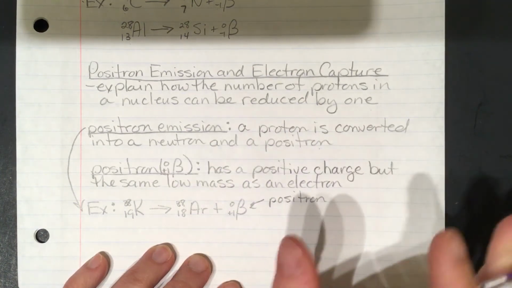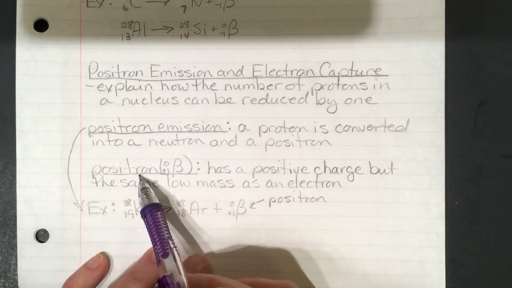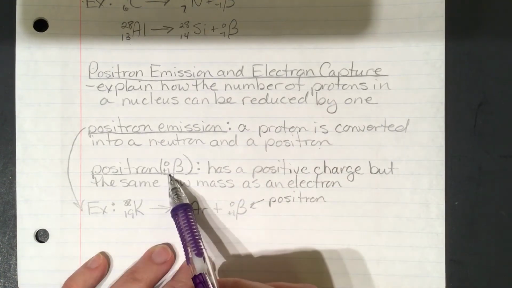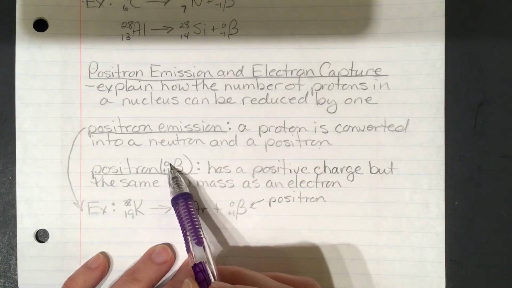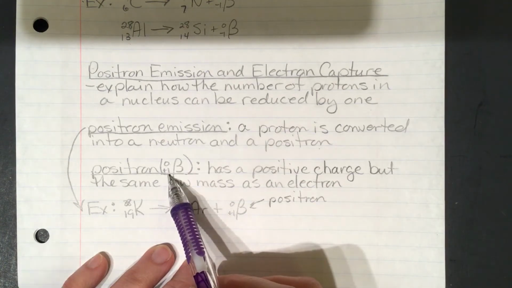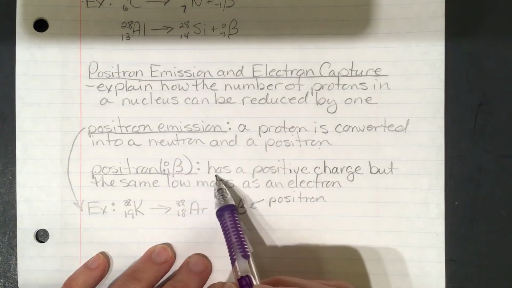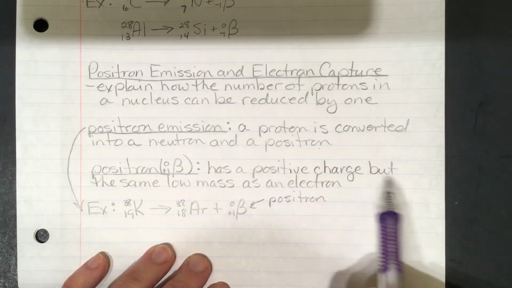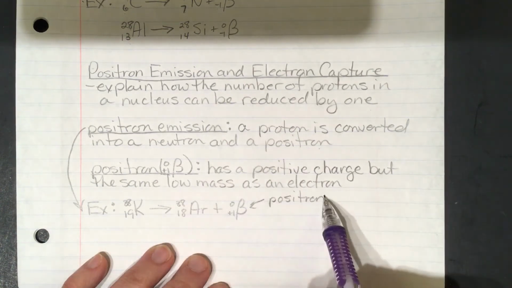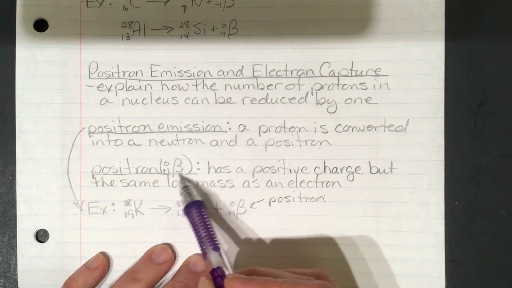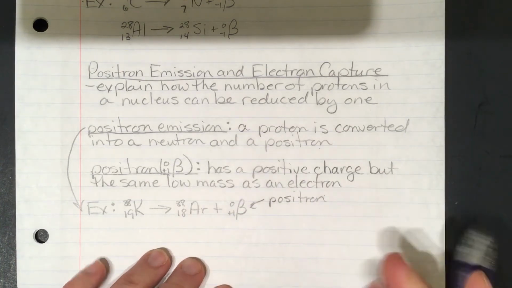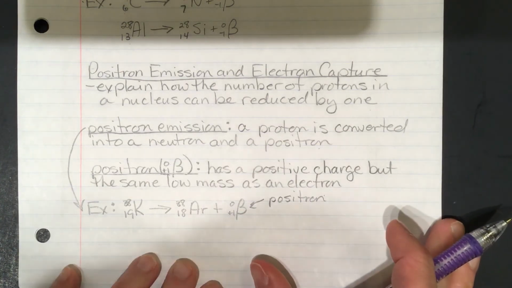We did not talk about positrons last time, but a positron has this notation. So we look at it, 0 mass and a positive charge. It has a positive charge, but the same low mass as an electron. That's why it still has this beta symbol to it, even though it's a positron.